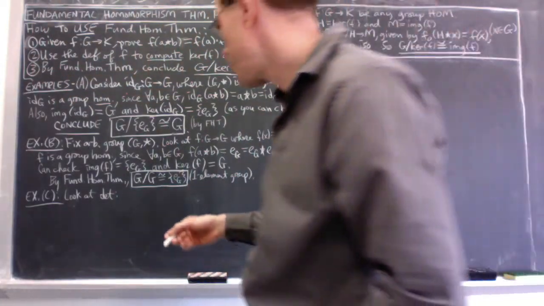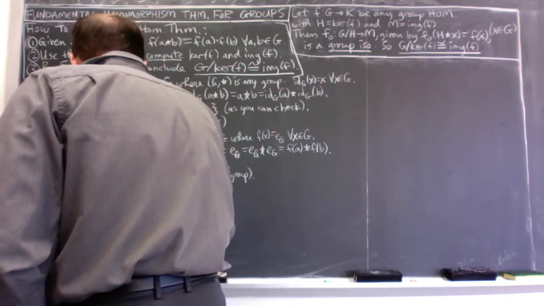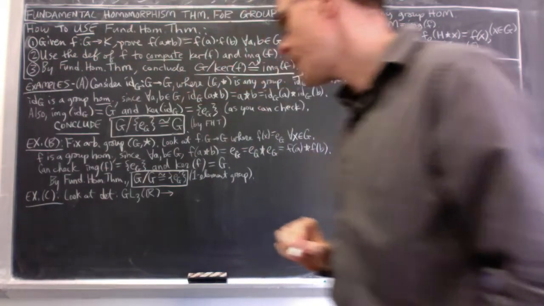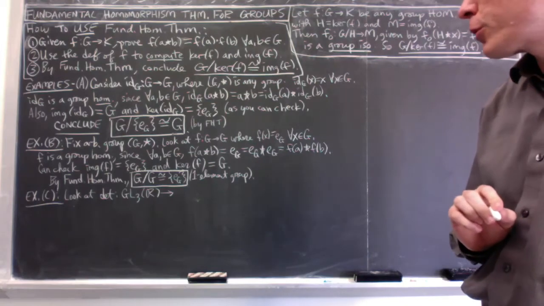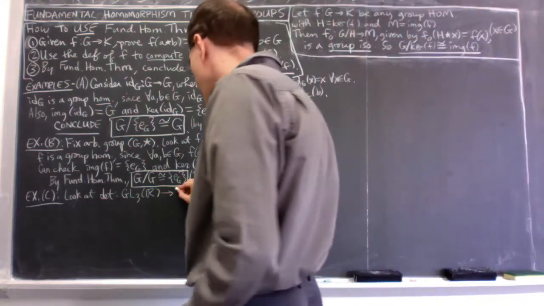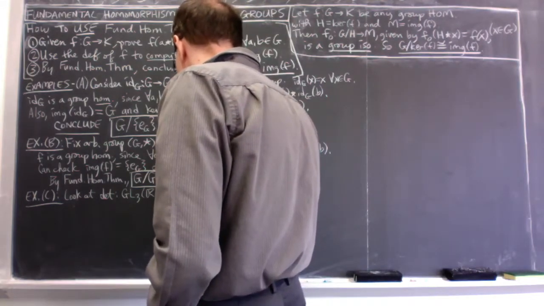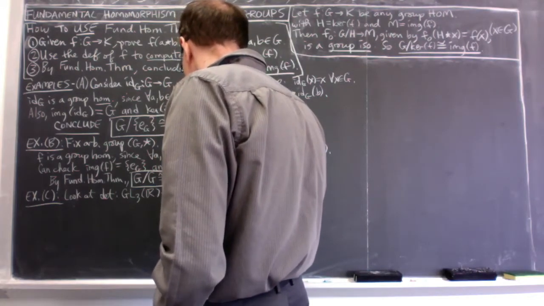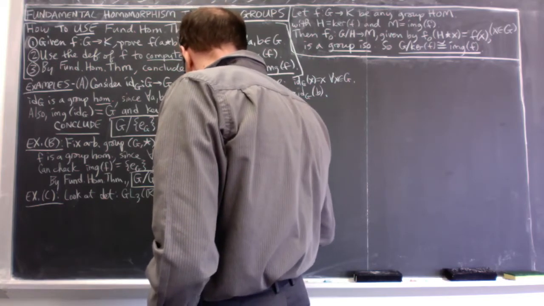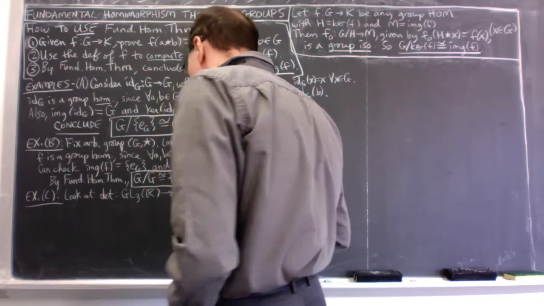So the domain then would be the group GL3 of R, let's say. And to make sure we're mapping into a group, the determinant's a real number, but for invertible matrices, it's never 0. So the group over here is the non-zero reals under multiplication. They're both multiplicative groups here.